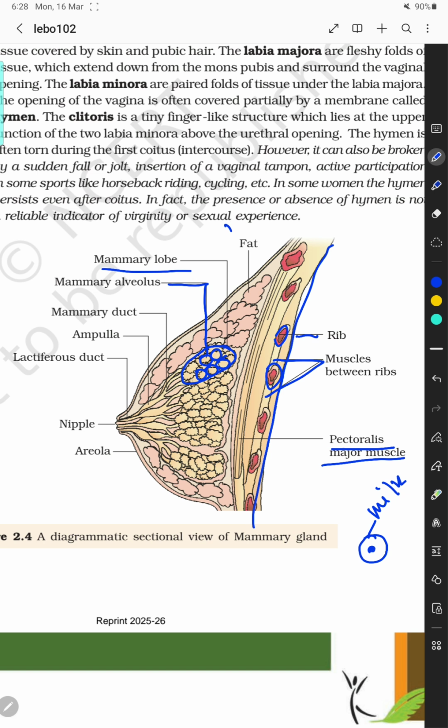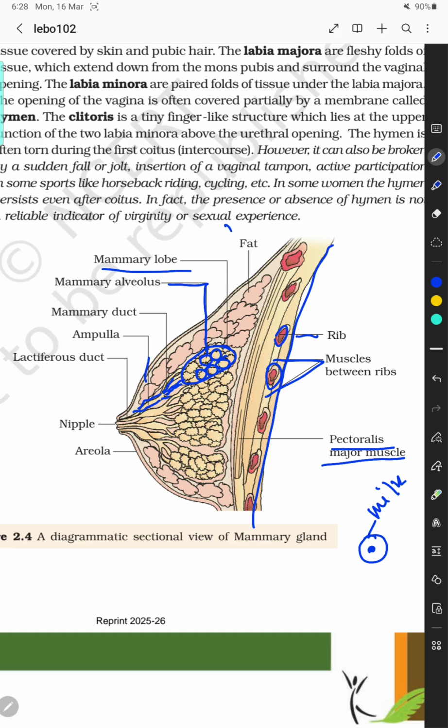Then this milk passes through the mammary duct. You can see it comes through the mammary duct. Then many mammary ducts open into a space that is known as ampulla.